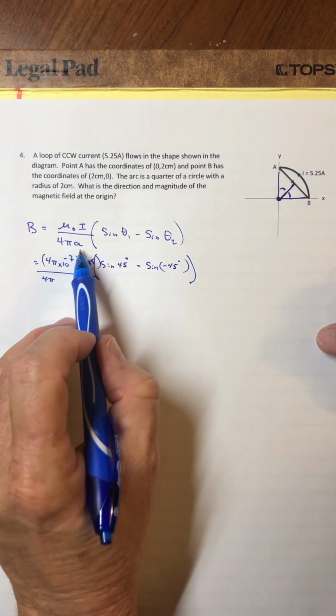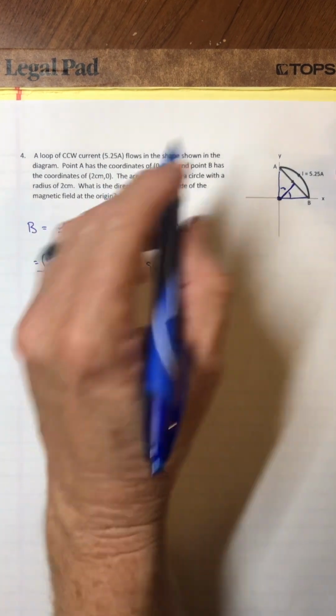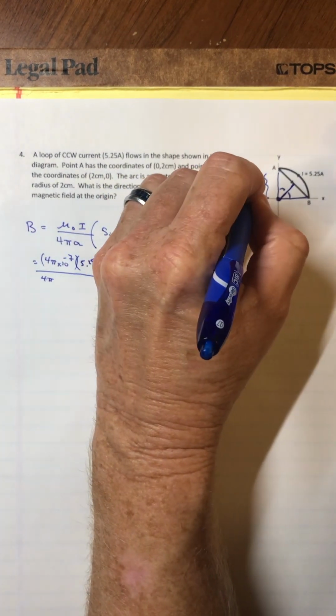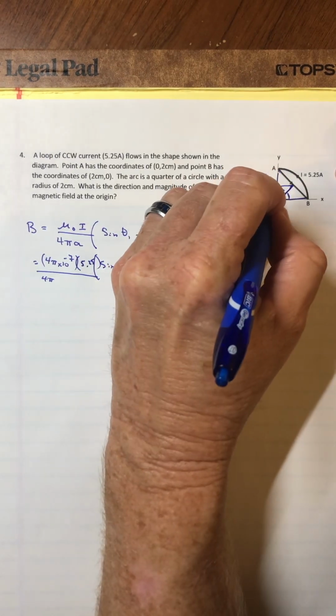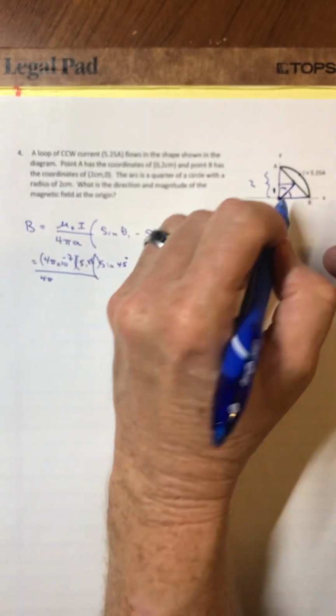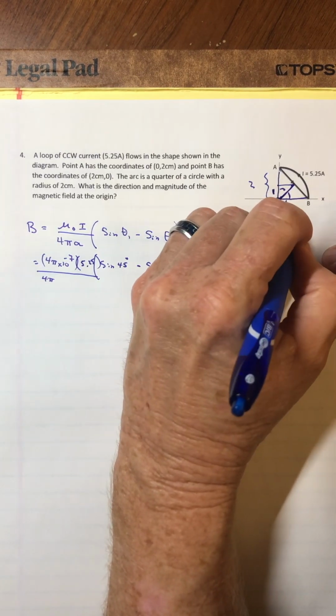But then I have this distance A, and then reading these dimensions, this is 2 centimeters. So halfway would be 1 centimeter. And then this would be 1 centimeter times root 2.